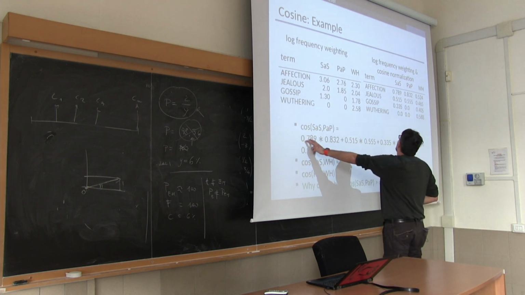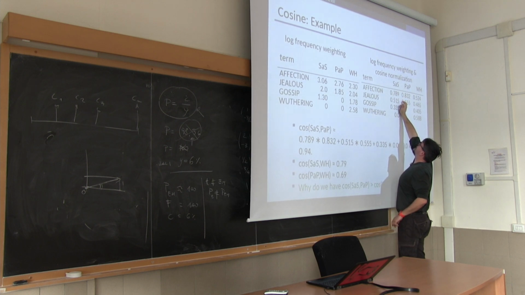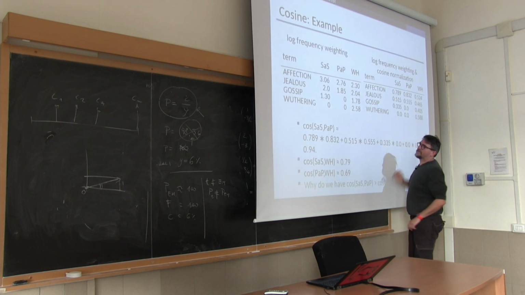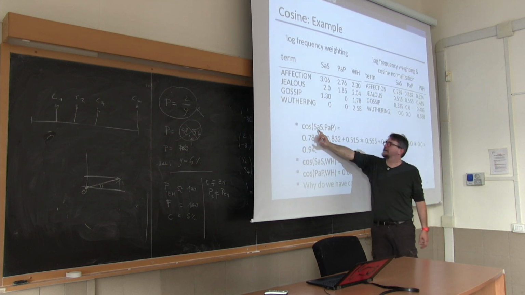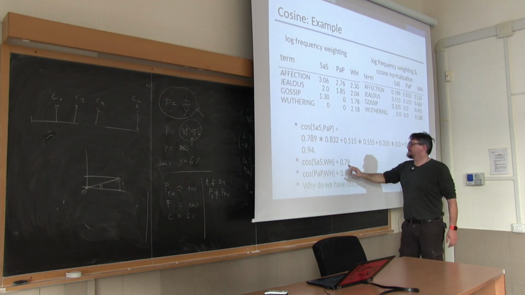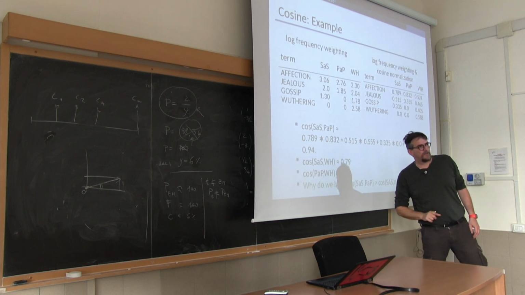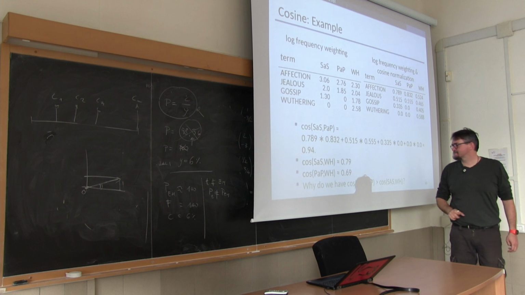So we have 0.78 multiplied by 0.82, and those are the two vectors. I multiply term by term and I get that the similarity of SaS and PaP is 0.94, then 0.79, and 0.69.